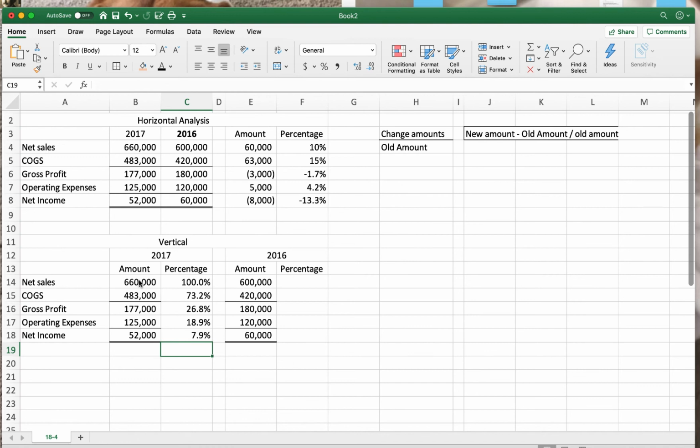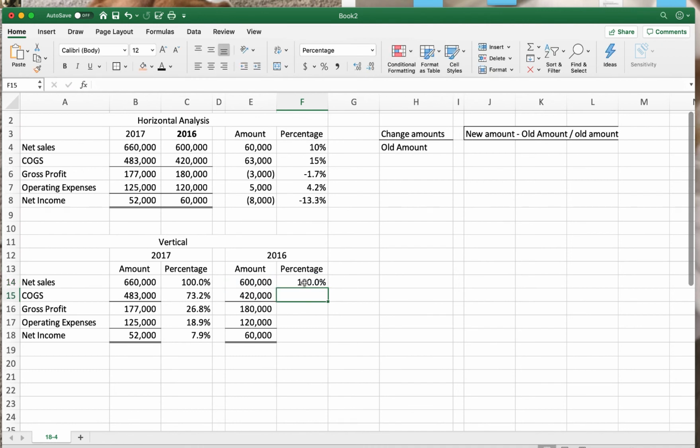We could compare that to 2016 numbers. How well did we do based on a percentage of each of these items based on net sales? So we go to 2016. We use 2016's net sales as the base, okay? So I'm just going to take 2016 net sales divided by 2016 net sales.